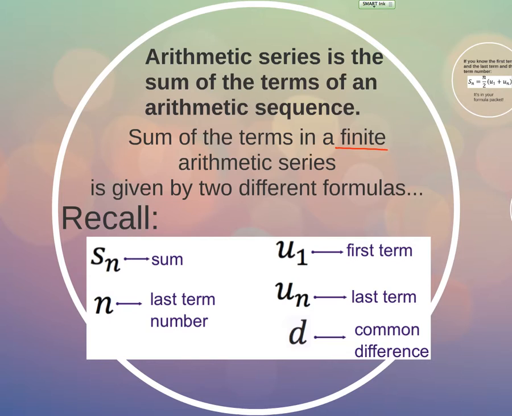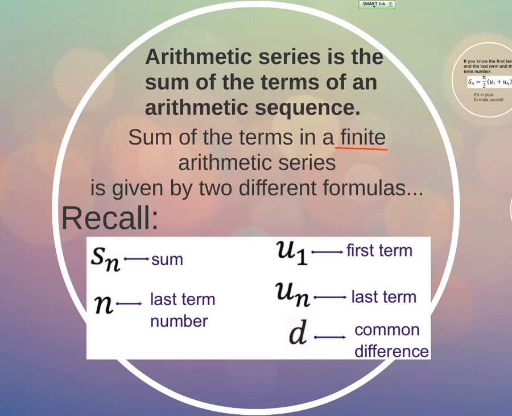Just like before, U sub 1 is the first term, and d stands for common difference, so those are exactly the same. n changes a little bit, not much. n is still the term number, but it's the last term number, because when we're adding up a finite number of things, it's going to be the very last number. So if we are adding up the first 25 terms, this would be 25.